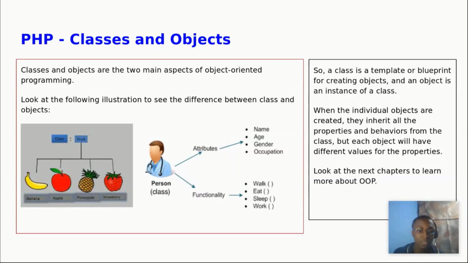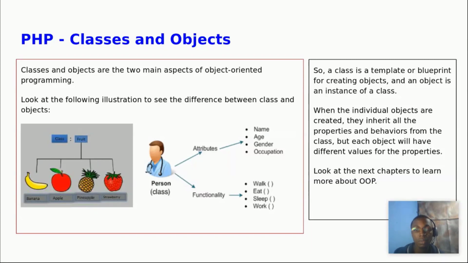You have the person class having maybe attributes like name, age, gender, occupation, and you have the functionality, like work, talk, eat, sleep, and so on. All of these you call the methods or the functionalities, which we are still going to get into.